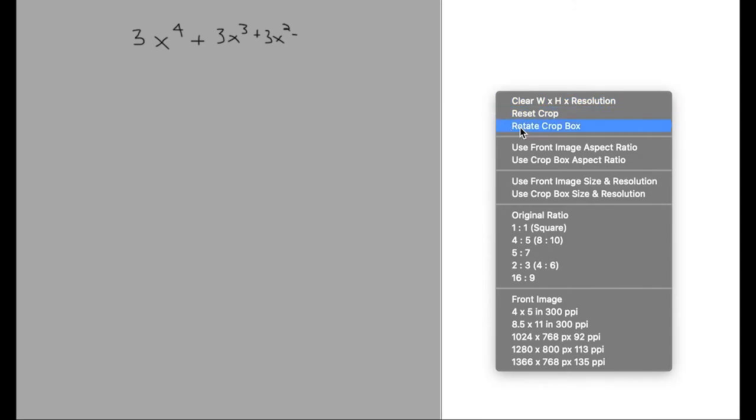Plus 3x cubed plus 3x squared plus 3x plus 3, and we're dividing this by x plus 3.